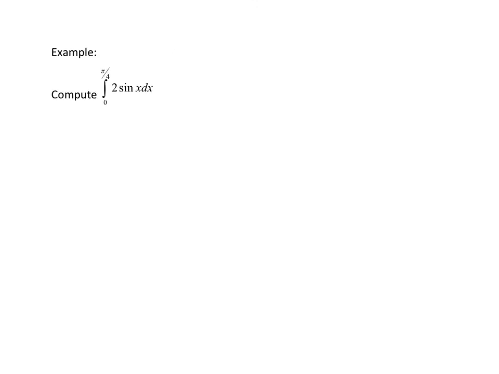Alright, last example. Now that we know how to quickly find antiderivatives, we can actually quickly do a definite integral, because we can find the thing we're trying to plug pi over 4 and 0 into. So let's real quick find the antiderivative of 2 sine x dx, which would actually be negative 2 cosine x plus c.